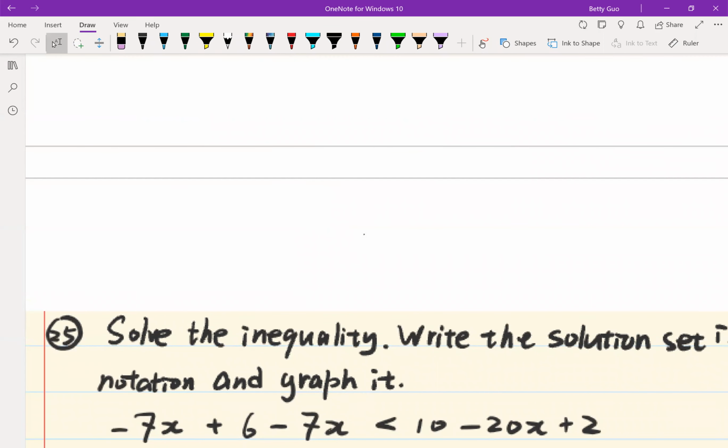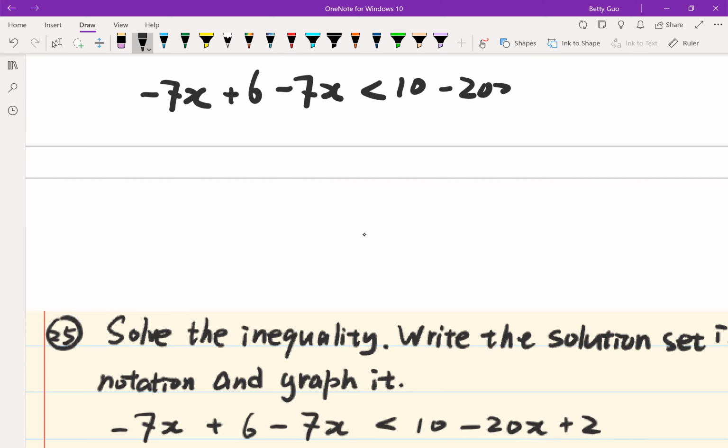You did number 25 yesterday, but I want you to do it again. Number 25. -7x plus 6 minus 7x is less than 10 minus 20x plus 2. I give you 2 minutes. We only have 6 more minutes left, so 2 minutes for this one. Isolate x on the left.